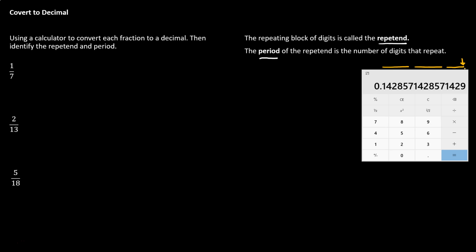What happened here is the calculator is only capable of showing so many digits. So it does a rounding at the very last place that it can represent a digit. So it rounded the 8 up because there would have been a 5 after it.